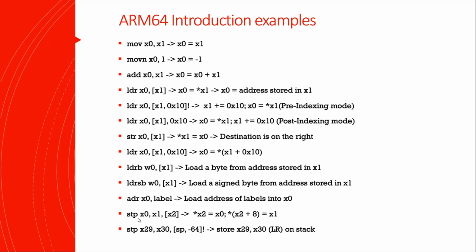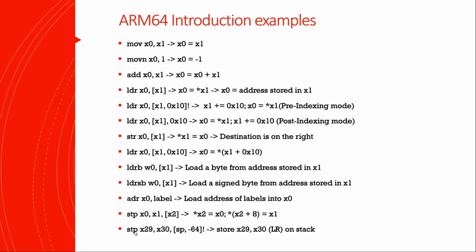Next we have this STP instruction. What it will do, it will take the value of this x0 register and put it into the memory address pointed by the x2 register, and then it will increment this x2 register by 1 and put the value of x1 register into that value.